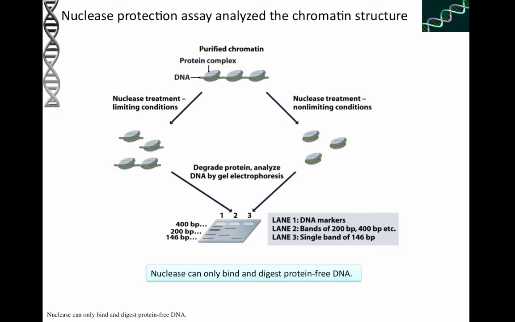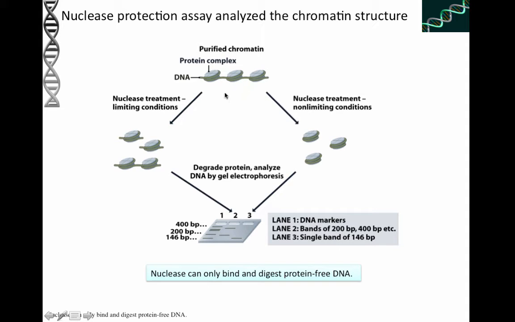The basic principle is that when nuclease digests the DNA, if there is any protein binding to the DNA, that location is not digested because the already bound protein protects that area from the nuclease digestion. So first they purify the chromatin structure and digest it with nuclease.